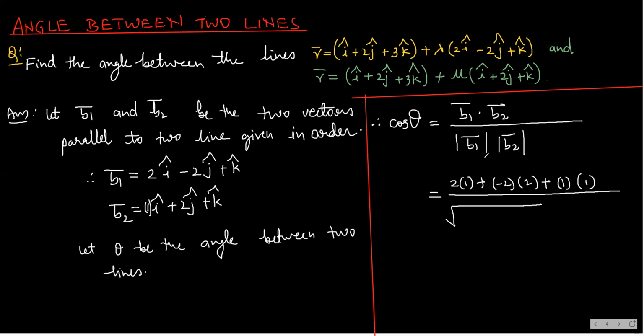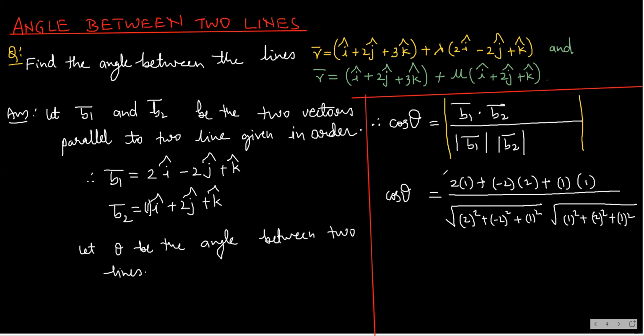Mod of b1 bar is square root of 2 square plus minus 2 square plus 1 square, and here you have 1 square plus 2 square plus 1 square. Okay, so this is my cos theta, and I will put this inside a modulus sign because we want to get the acute angle.